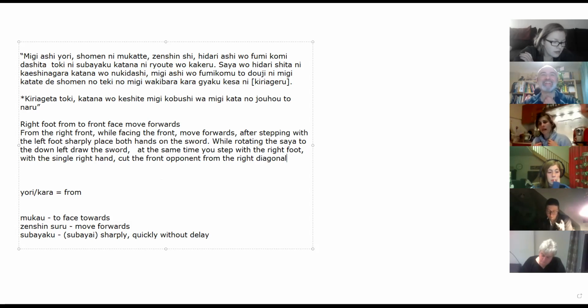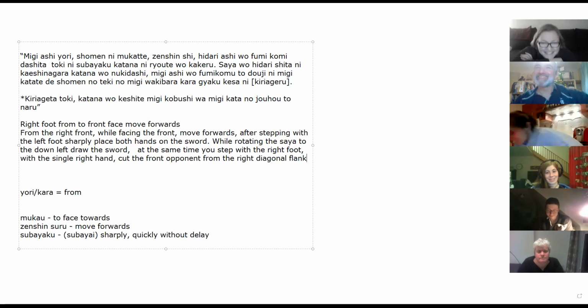Yeah, diagonal. You've got it. Good. Shomen teki no migi wakibara, from the right diagonal. What's wakibara? Anybody? The flank, the side. From the right diagonal flank. Good. The love handle. Exactly. Or I call it the funny belly, because when you poke it, it makes you laugh.